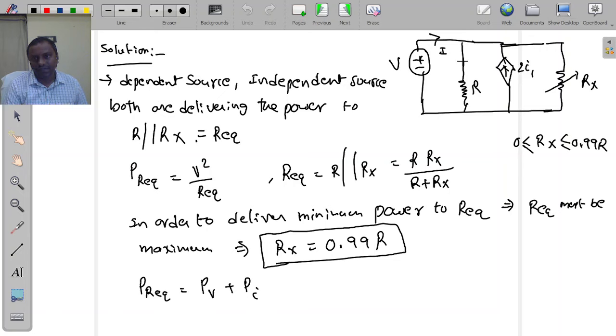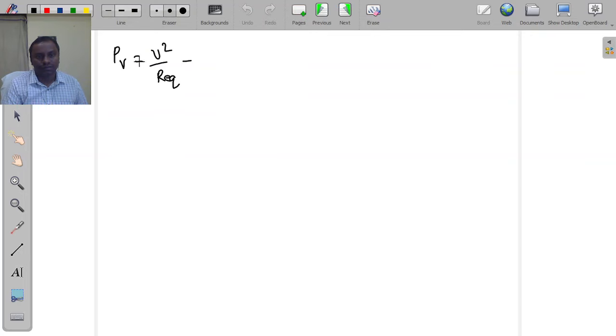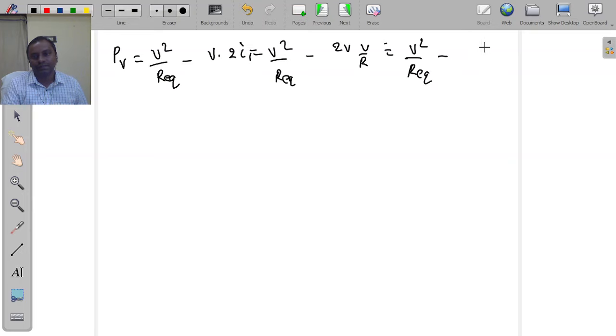Again, I1 is the current in this, so I1 I can write V divided by R. That is V square divided by R equivalent minus 2V into I1, which is V divided by R. That is V square divided by R equivalent minus 2V square divided by R.